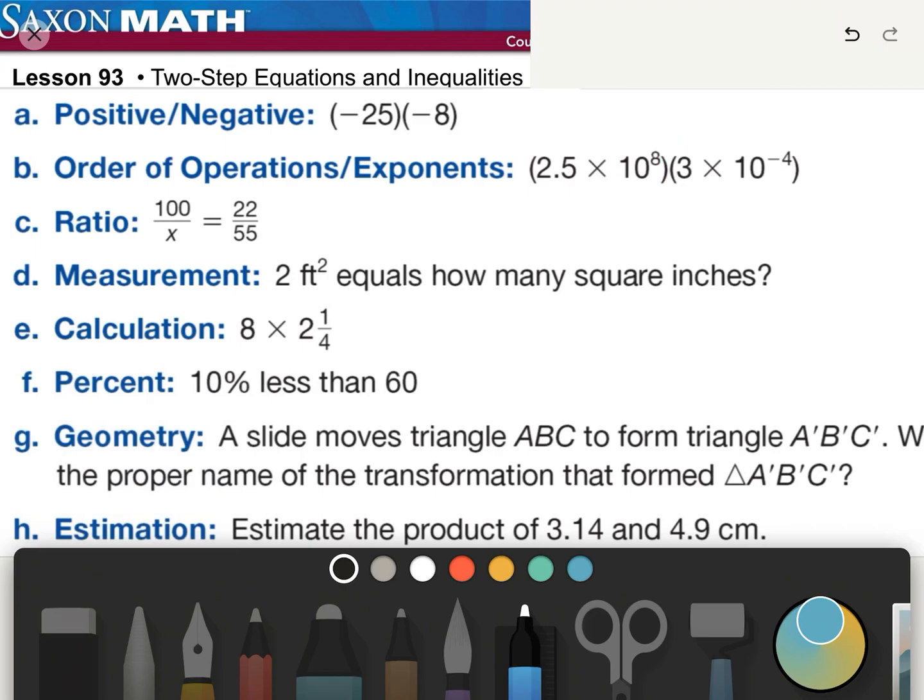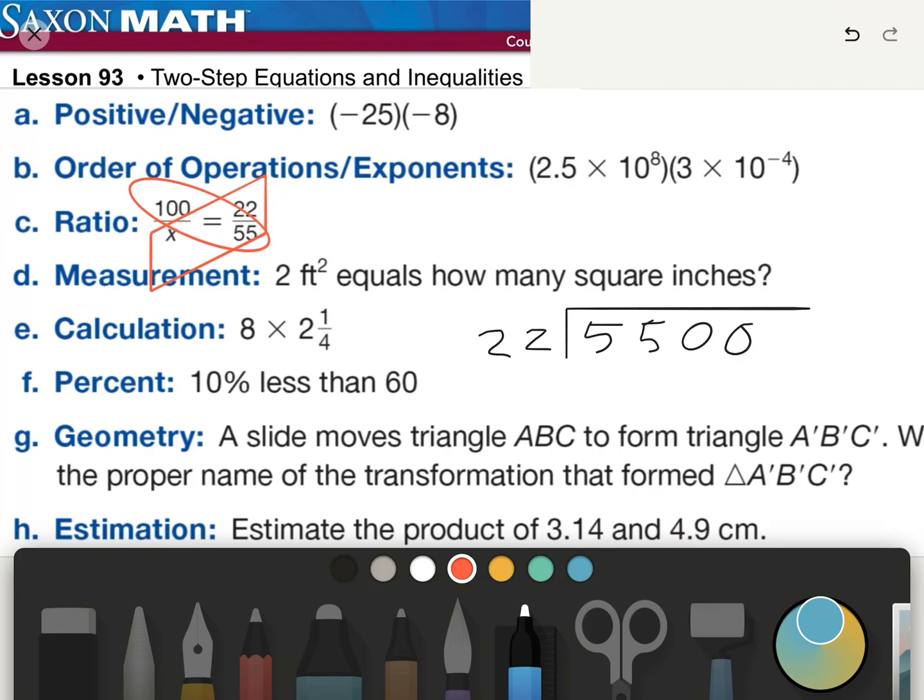Ratios. Okay, so looking at this, the basic way I can see to do this, and I'm sure there's some definite shortcut, but just a quick, so thinking in terms of cross multiplying, and essentially we'll end up with 22x equals 5,500, and we'll divide each one by 2.